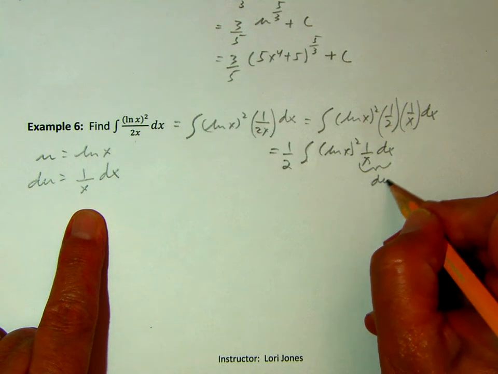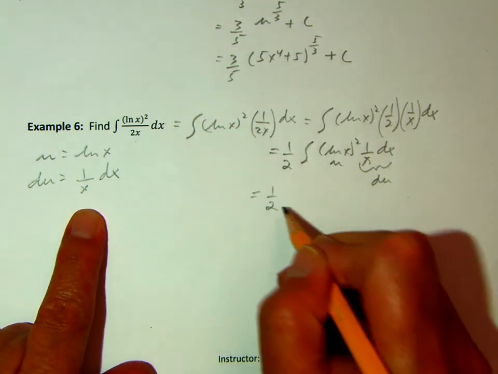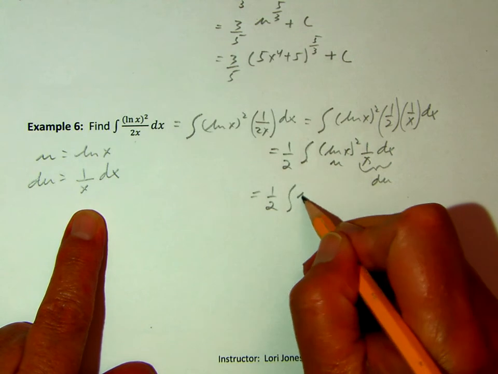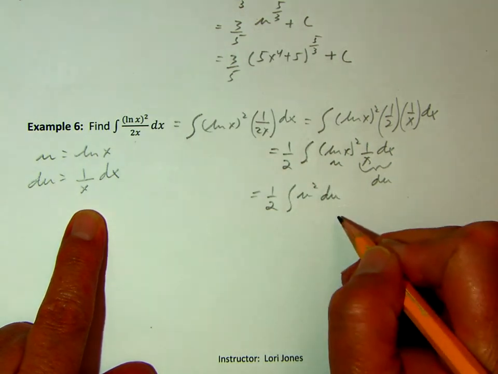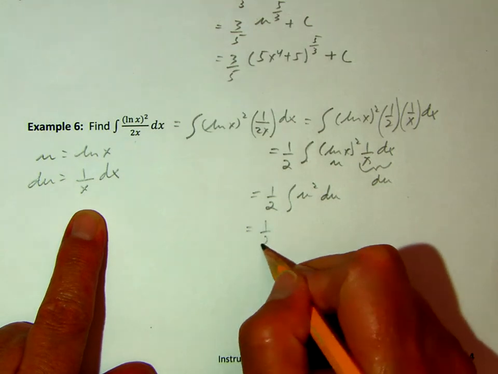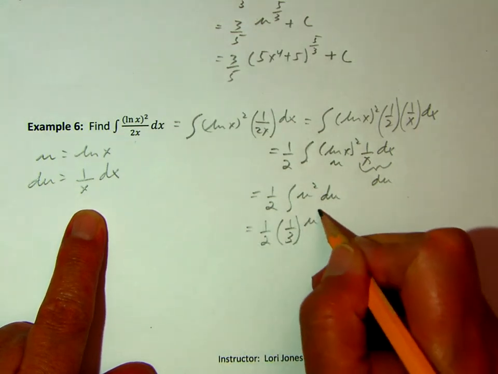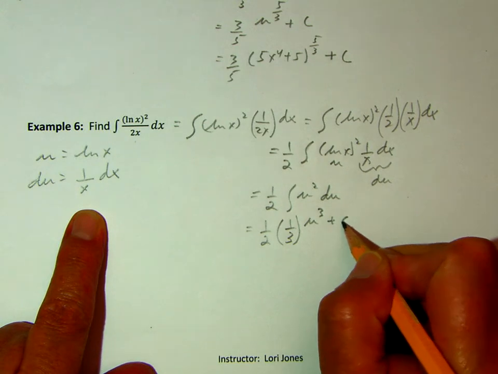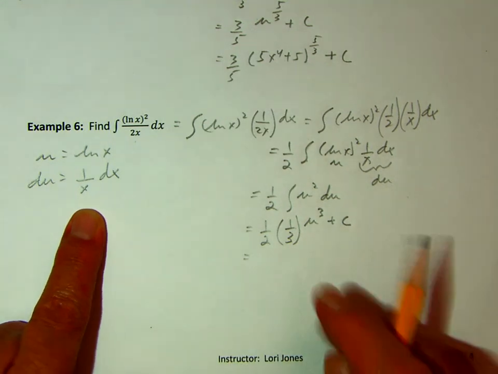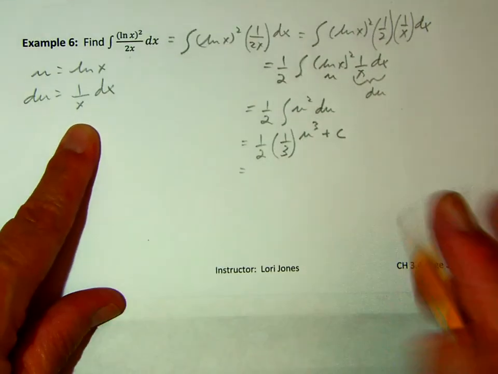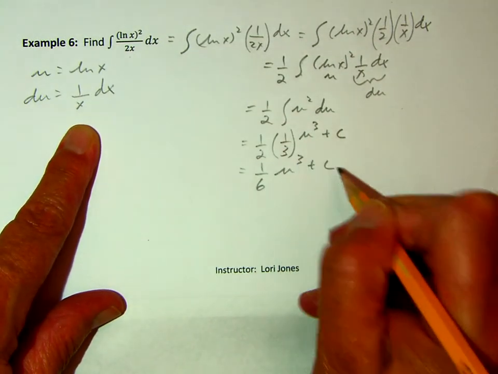Here's my du, here's my u, so that would be 1/2 the integral of u squared du. So that would be 1/2 times 1/3 u cubed plus c. So that would be 1/6 u cubed plus c.